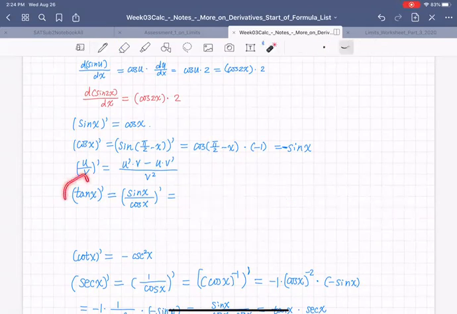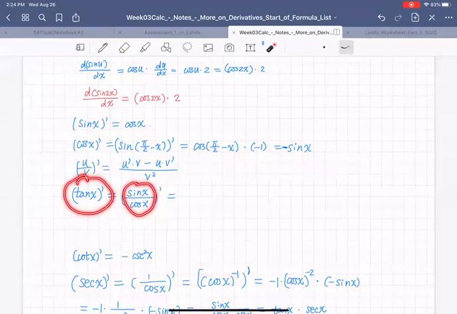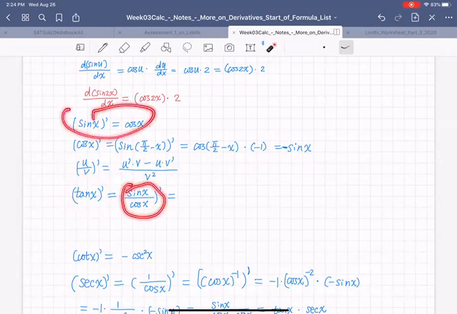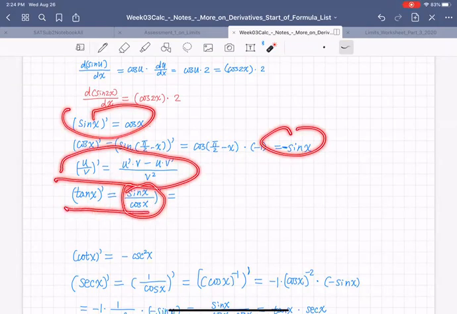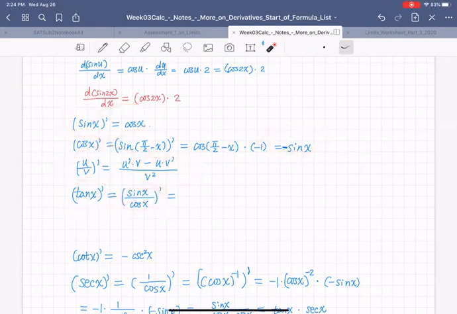Look at this: tangent x is sine x over cosine x. Based on the formulas here, here and here, let's do this. Take a deep breath and work through this part.